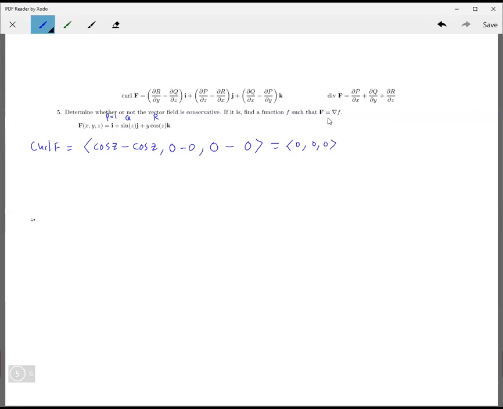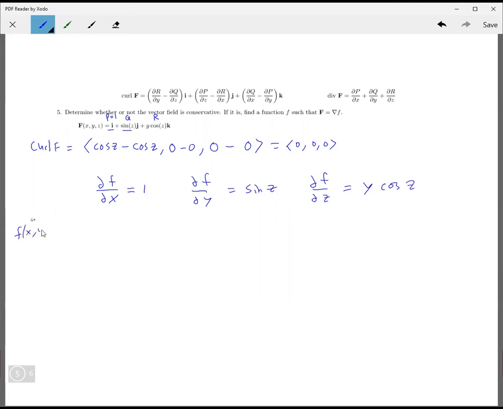Okay, so that means there is a potential function. And we know that the partial of f with respect to x is 1, the partial of f with respect to y is sine z, and the partial of f with respect to z is y cosine z. I'm just reading off of here.